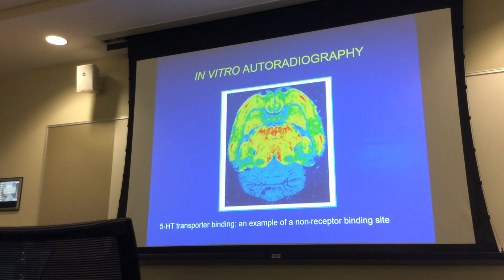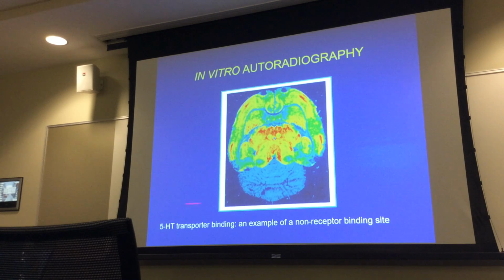The most commonly used antidepressants today are the SSRIs, the serotonin selective reuptake inhibitors. These are drugs that specifically bind to serotonin transporters and block their ability to reuptake serotonin back up into the cells.